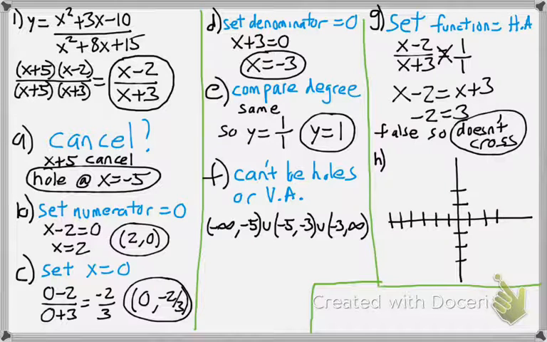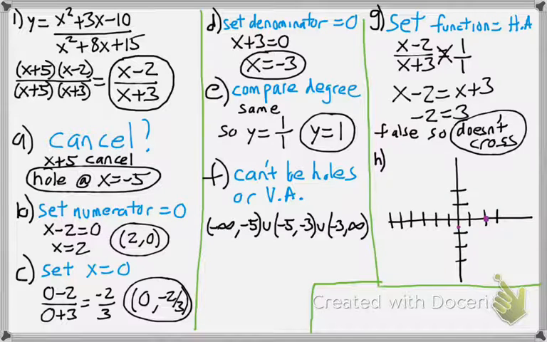And then lastly, part H, we need to graph the function. So I want to graph the entire function, really using all of the data that I have. So I know my asymptotes are here, and then the intercepts. So this is going to intercept at 2, intercept at negative 2/3. It doesn't need to be perfect.